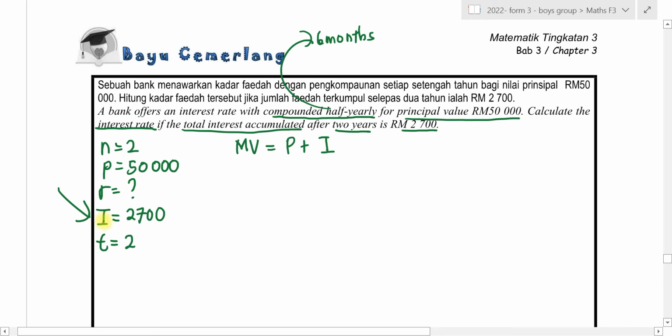Now we know what your interest is, so make interest the subject. I put interest here, MV minus the P. This P you bring here and minus. So we write down the formula first. MV is P(1 plus r over n) to the power nt, minus the principal.